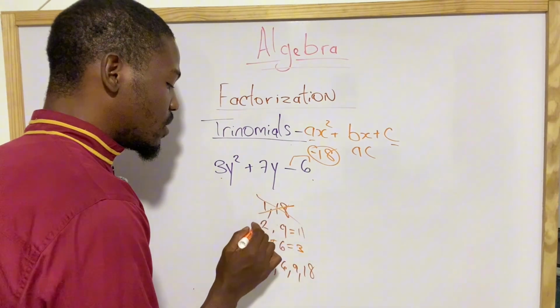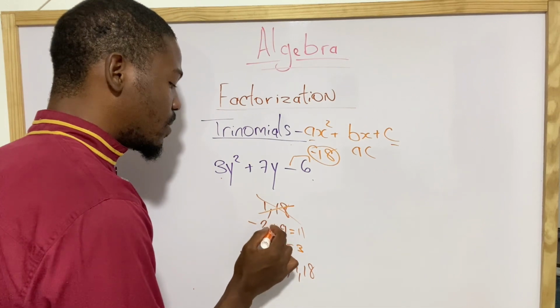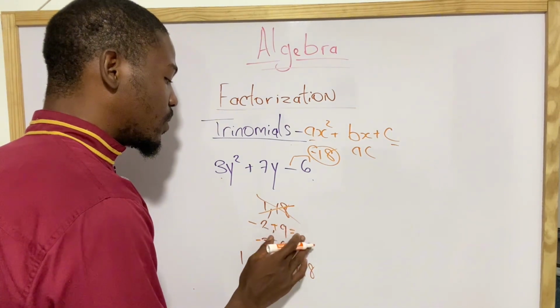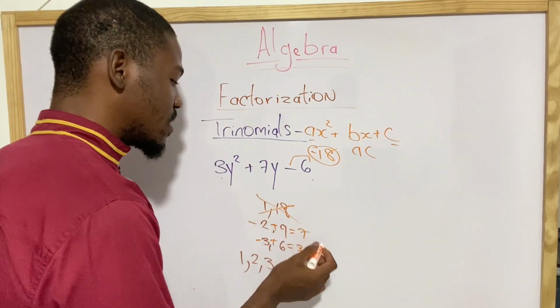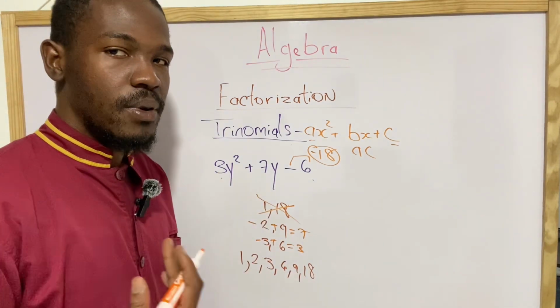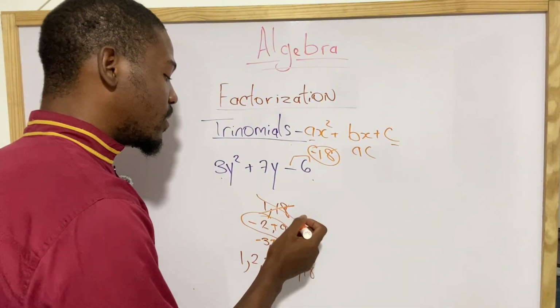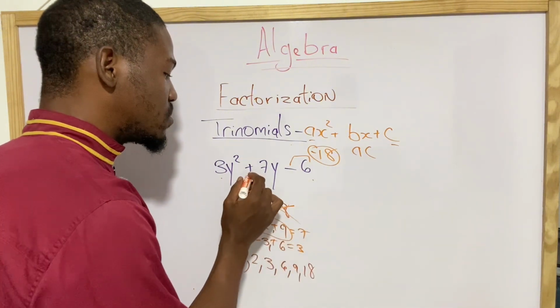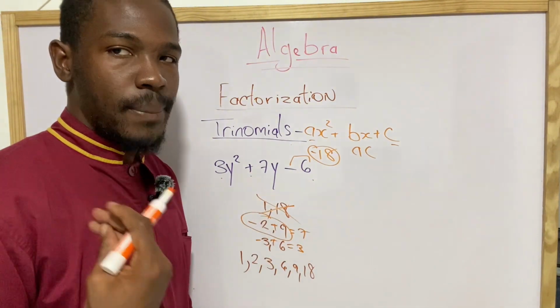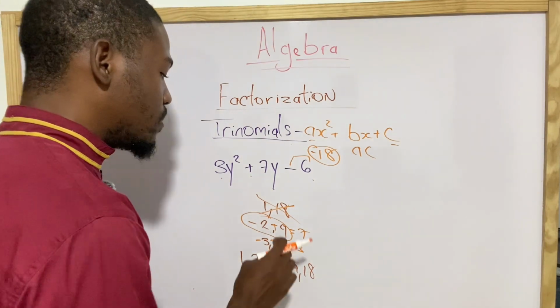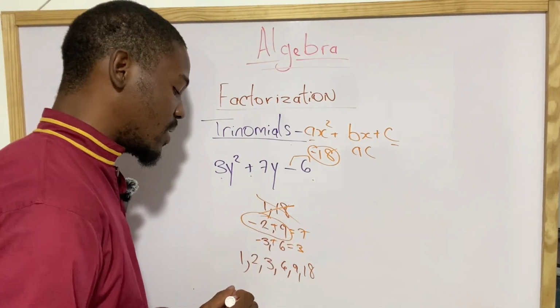So here now, if we had a negative 2 and a positive 9, then we would actually get a positive 7. So in this case, the pair that we're going to use is 2 and 9. Also be mindful that since we're doing a positive 7, the bigger one, the 9, will have to be the positive and the lower one the negative.